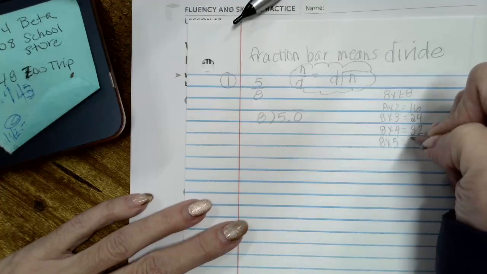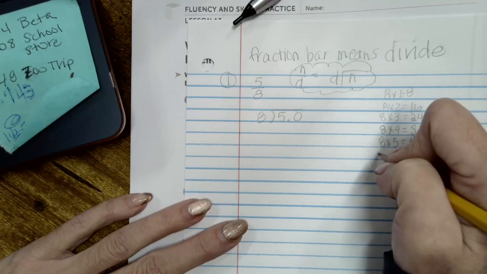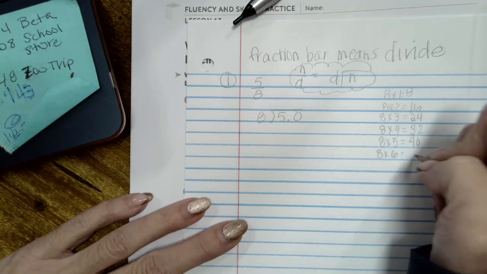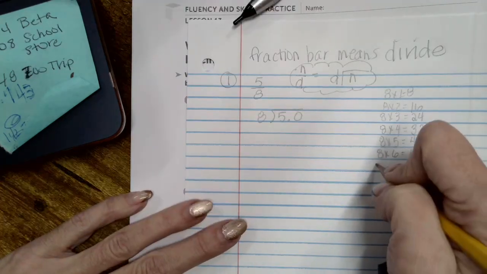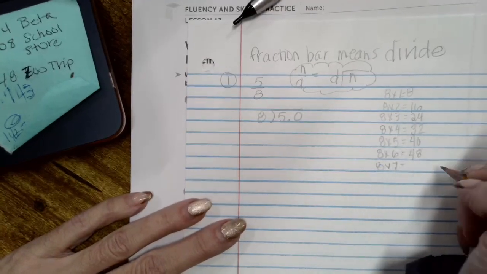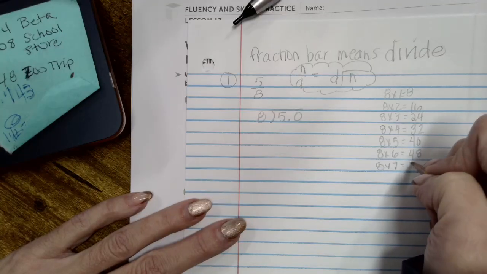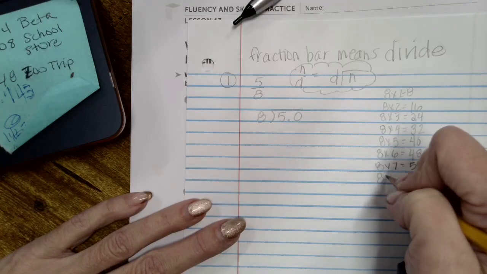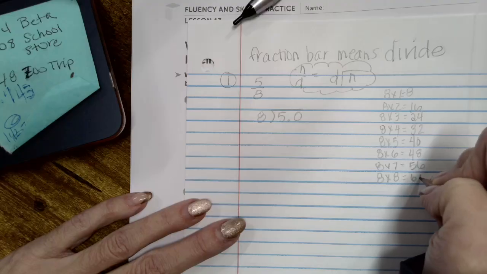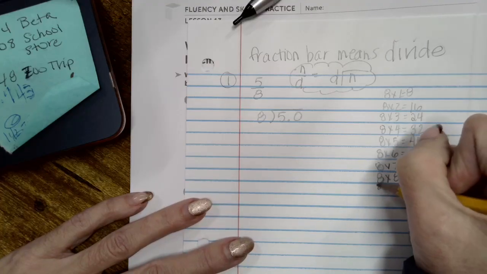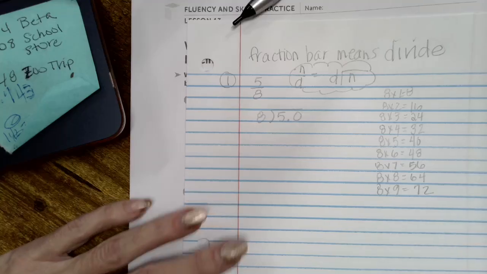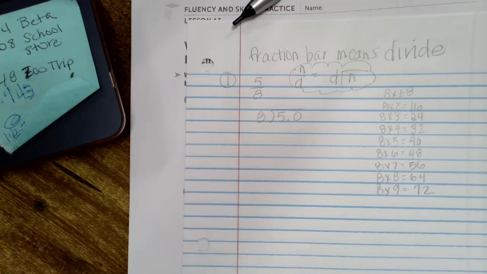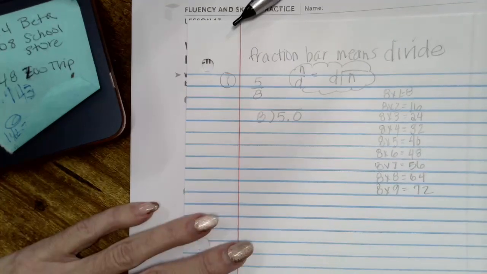I add 8 more, that gives me 40. 48. 56. 64. And 72. So again, I personally think that this helps.